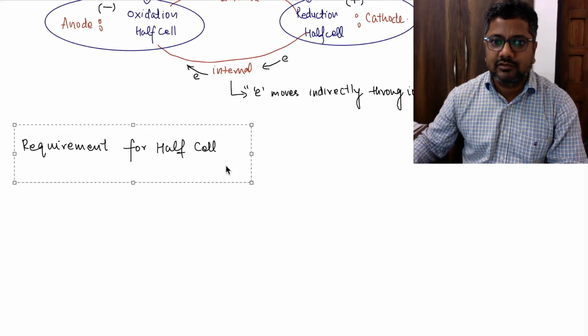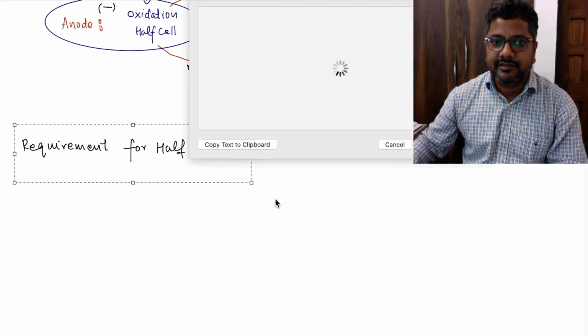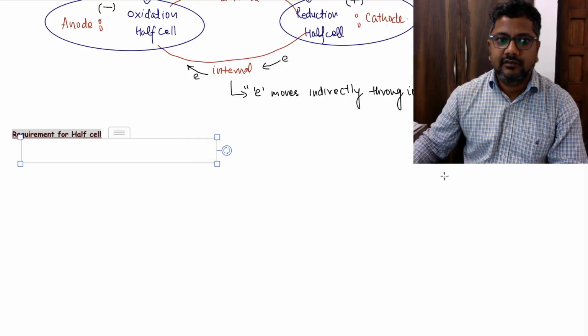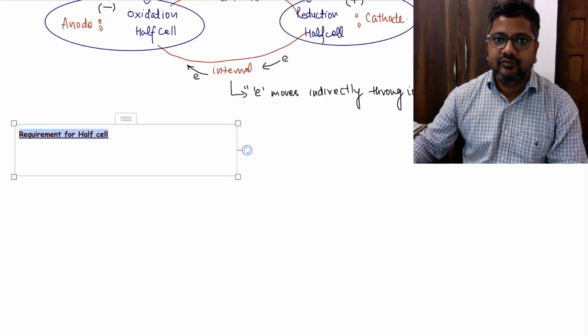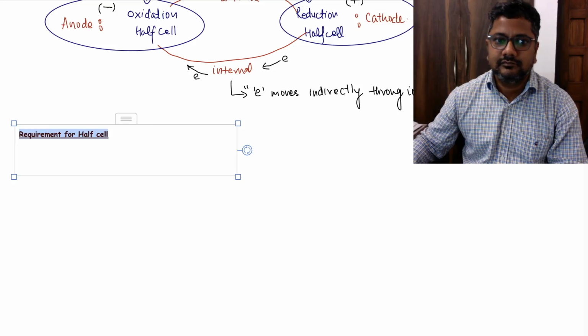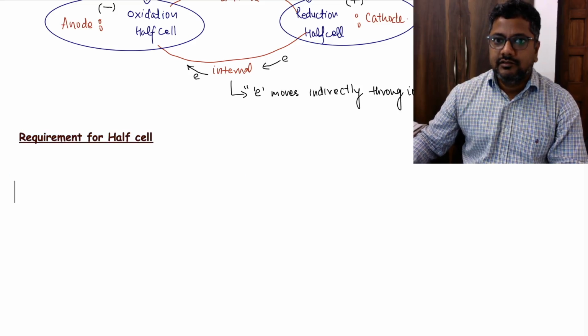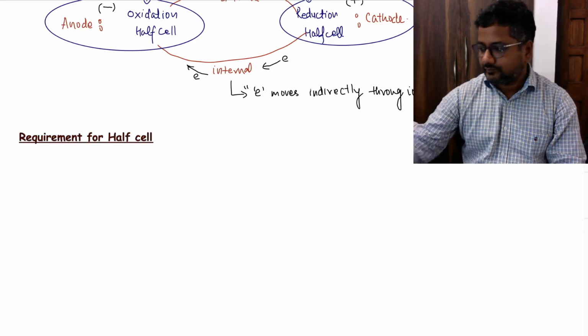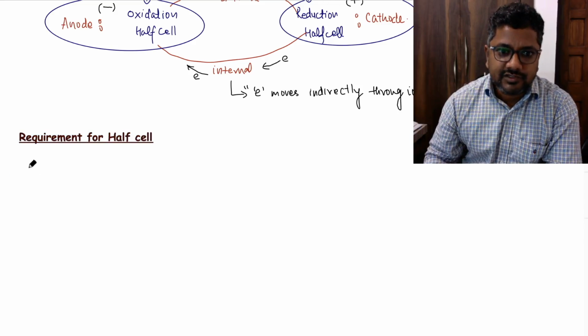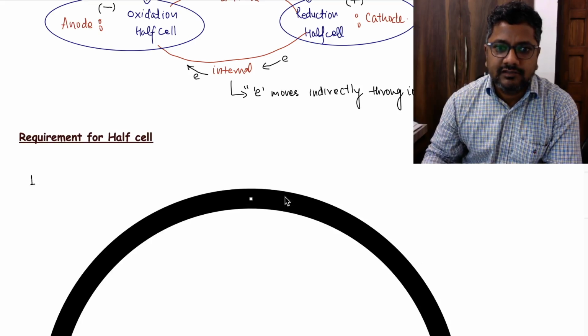So for both, the requirement is the same. For making any half cell, the first requirement is the rod of the material.